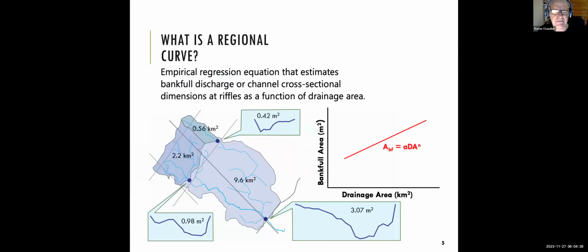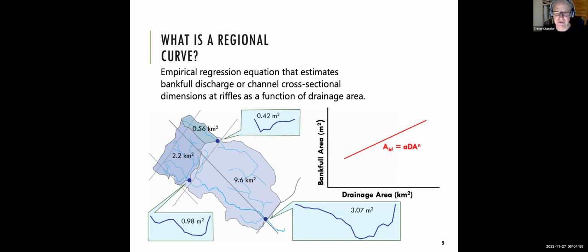So essentially, a regional curve is just an equation, which can be expressed as an equation itself or as a plot on a graph. It's used to estimate the bankfull discharge or the bankfull cross-sectional area at riffles, expressed as a function of drainage area.